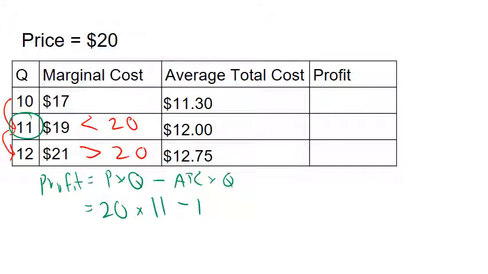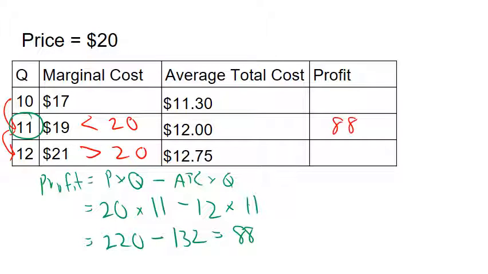Average total cost is $12, and the quantity again is 11. So it's going to be 220 minus 132, and the difference there is 88. So the maximum profit is right here, 88 bucks. That's our maximum.